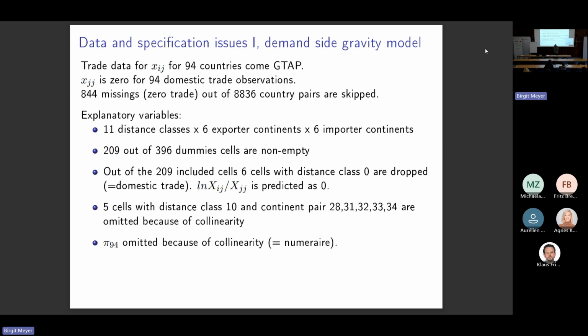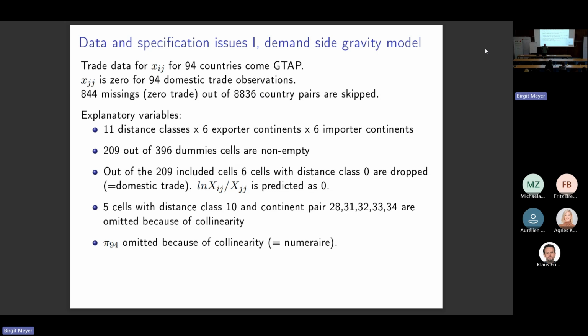The problem is, if you do that in Stata, you get a mess because many of these cells are empty. 209 cells are non-empty out of this. They also have 6 cells in distance class 0, which is interesting because in the end they run these models including domestic trade, having a 0.